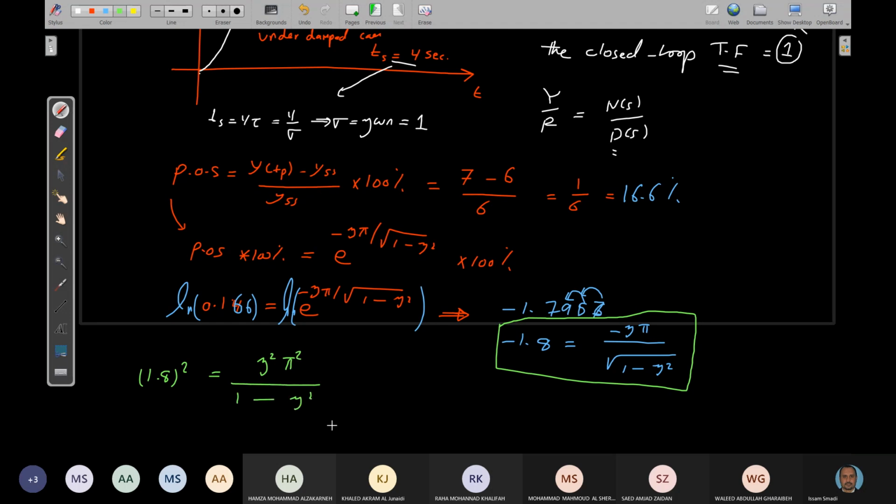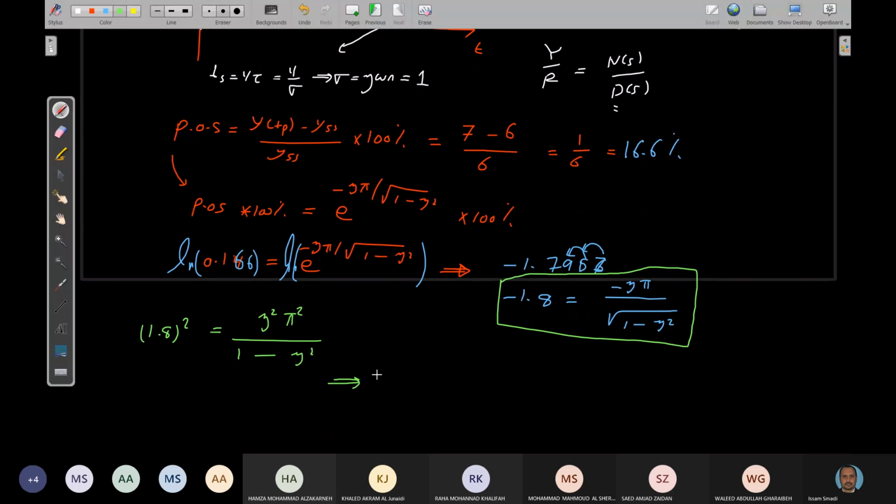In the end, this will equal zeta square pi square plus 1.8 squared zeta squared is equal to 1.